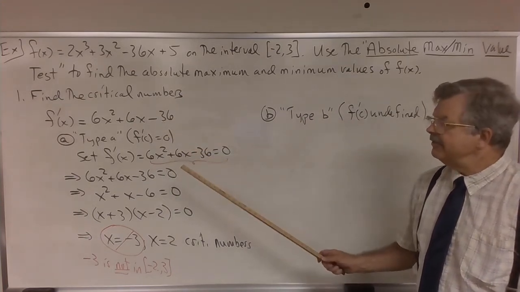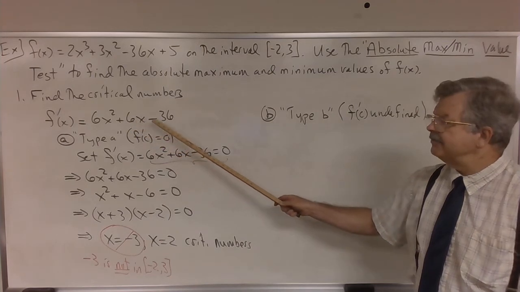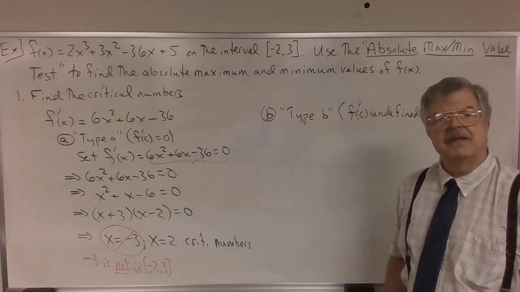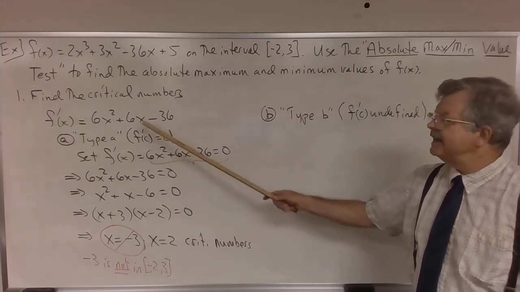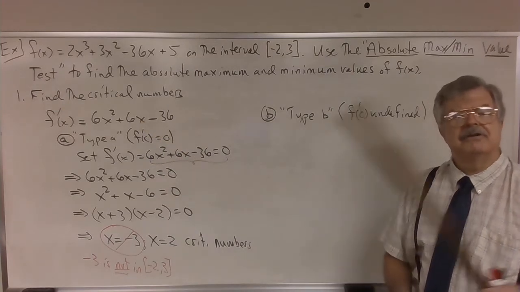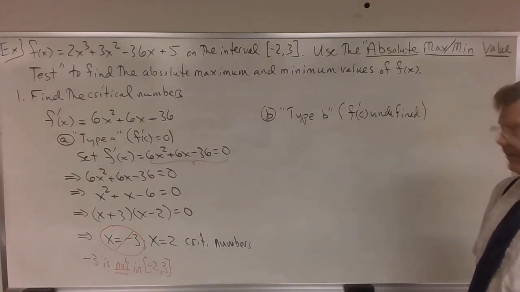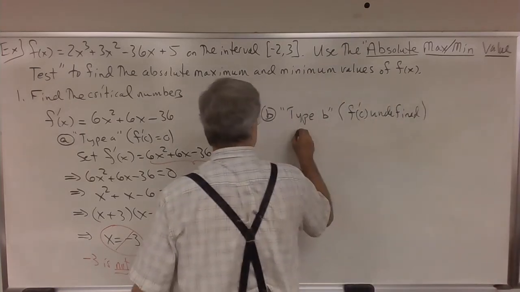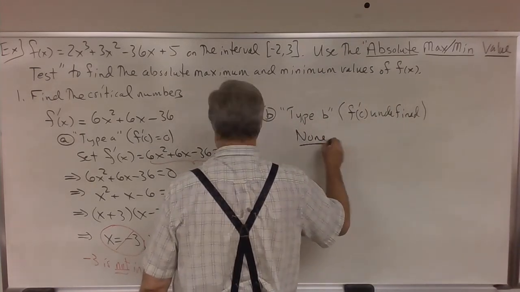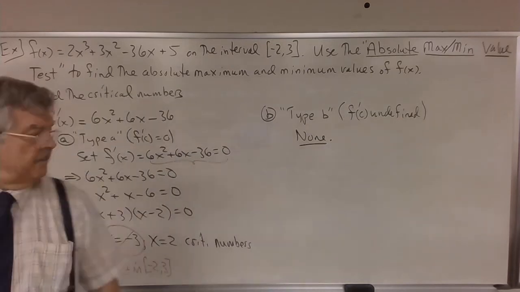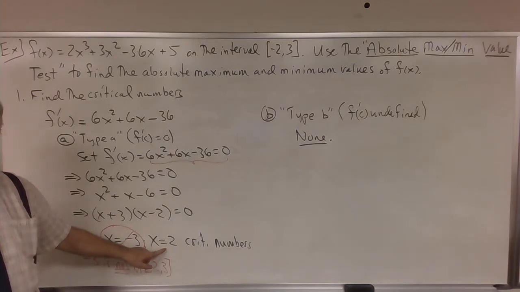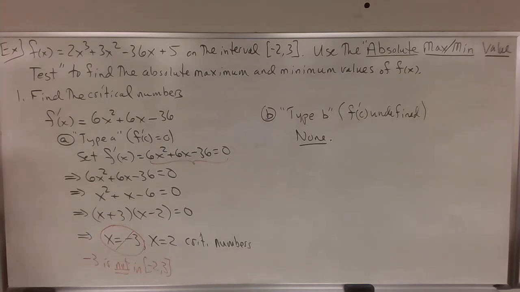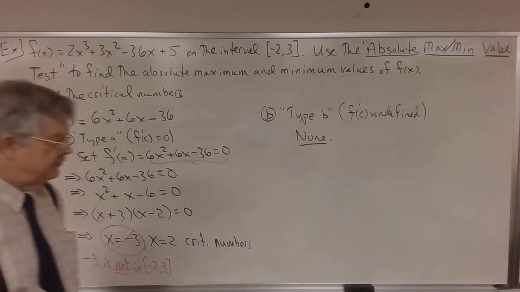We have multiplication, we have addition, we have subtraction, we have exponentiation. There's no division going on here anywhere. We're not dividing by anything, so there's no way that we can be dividing by 0. No type B critical numbers. So it looks like x equal 2 is the only critical number. So we got our critical numbers. Now we go to step 2.